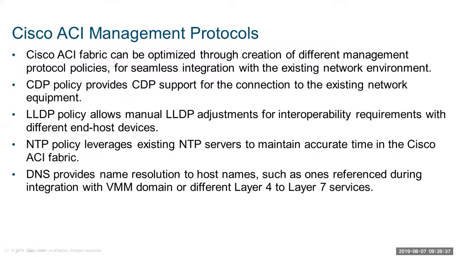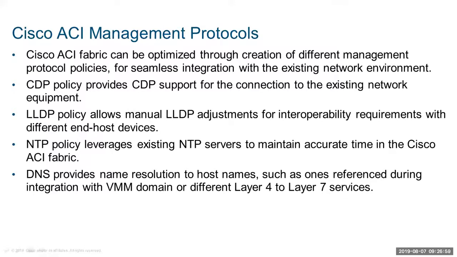The best practice is to create, like we had you do in, I think it was lab 6, two policies, one called CDP enabled, one called CDP disabled. So you can use these two whenever you need it, applying them to whichever policy groups.